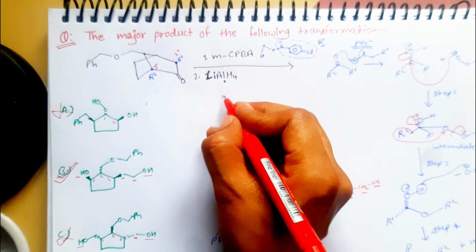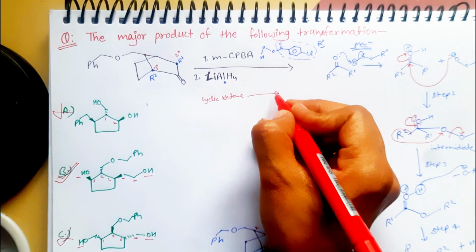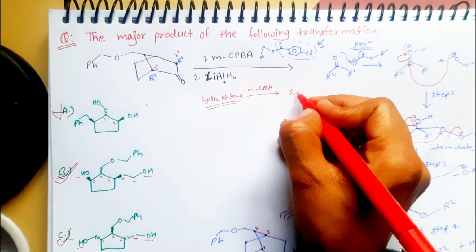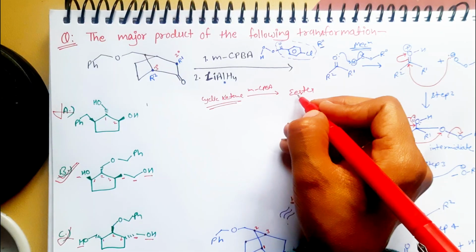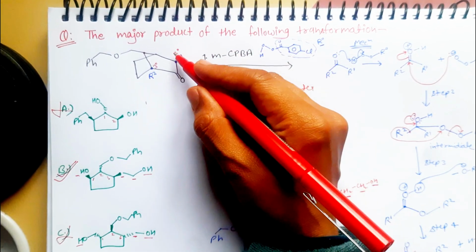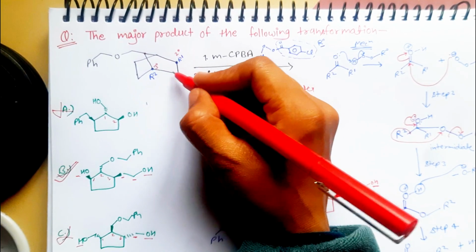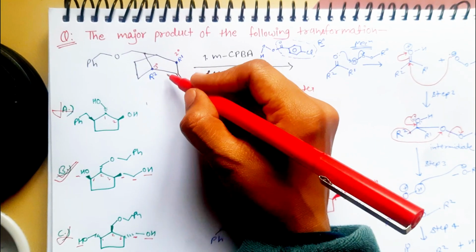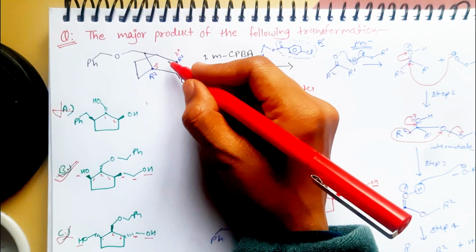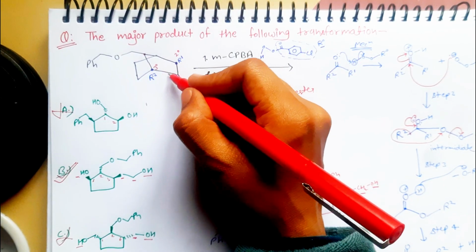If you see a cyclic ketone and they give metachloroperbenzoic acid, you convert the cyclic ketone into an ester. And where you add oxygen, you always check the degree of carbon. The carbon of higher degree attached with the carbonyl group, that bond breaks very easily, so oxygen attaches to that bond. So here you saw 3 degree and 2 degree carbon, so always attach one oxygen to this bond.